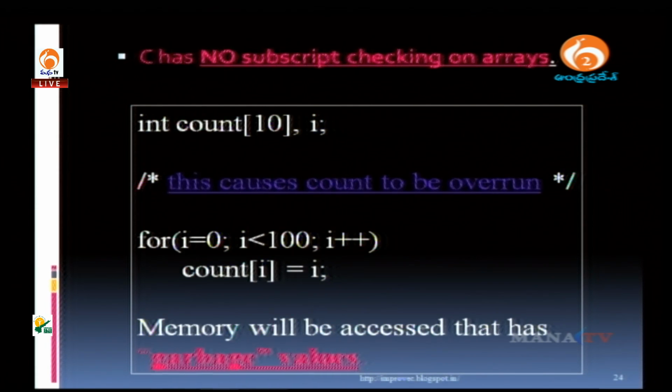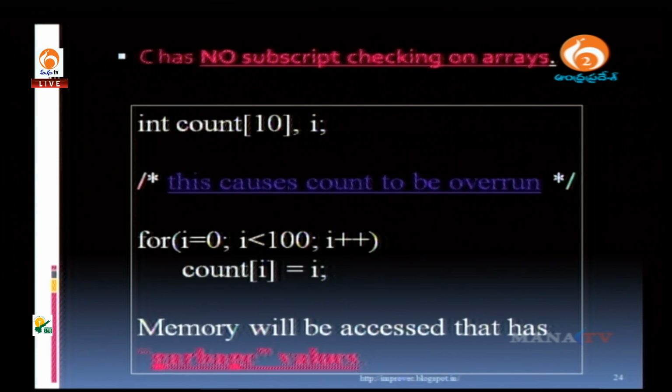Now we see one simple example: int count[10], for i equal to 0; i less than 100; i plus plus.